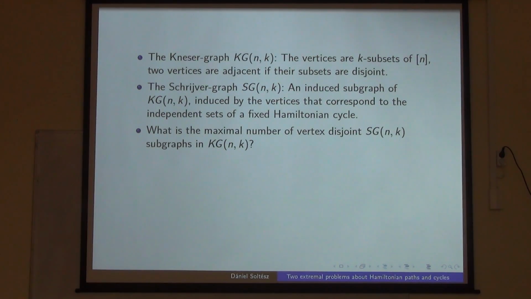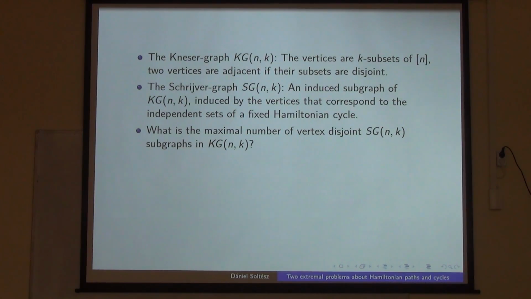So let's reformulate it so that it's a bit easier. Suppose that you have two Schrijver graphs which are vertex disjoint. This means that they correspond to two Hamiltonian cycles, and the two Hamiltonian cycles do not share an independent set of size k. In other words, they are on the same ground set, and their union has independence number smaller than k.